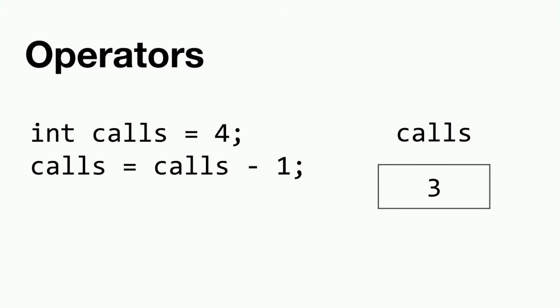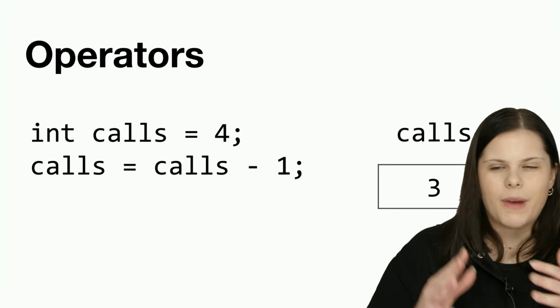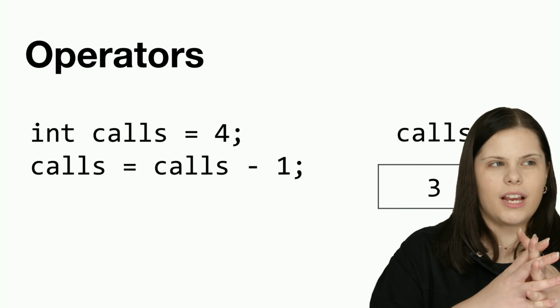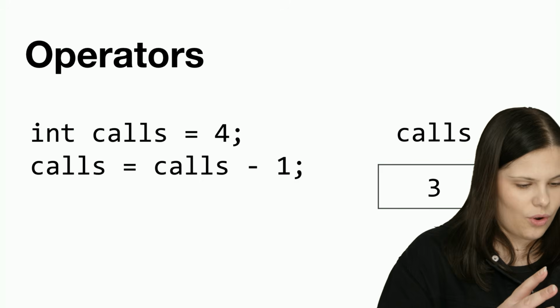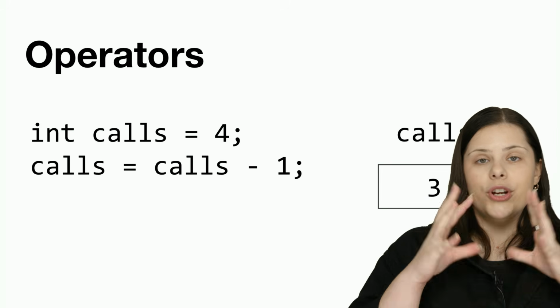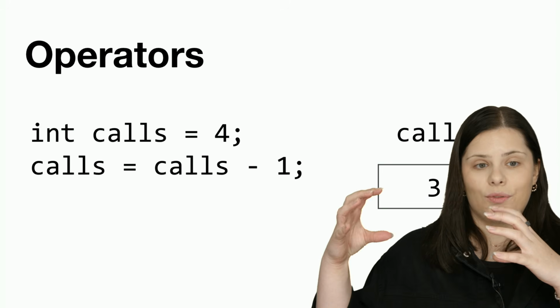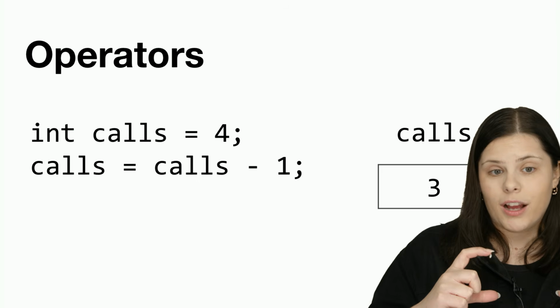But it gets a little confusing when we have calls equals calls - 1. It's like, how can I take calls and then assign it back to calls? This is where it gets a little confusing, but actually what's going on is we're first taking a look at the right-hand side. We're grabbing our value 4 that was in our little box before.